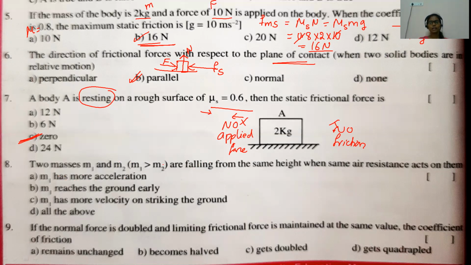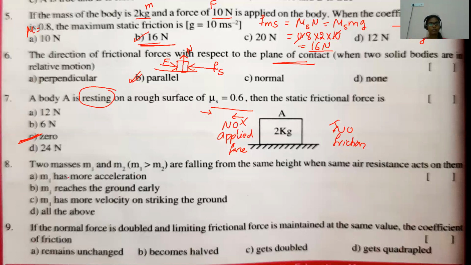If M1 is greater than M2, what will happen, children? The more massive body will reach the ground earlier. The acceleration formula, G minus something over M, is only for the last option. The body with more mass will reach the ground earlier. So M1 is more, so for the 8th one, the answer is B.